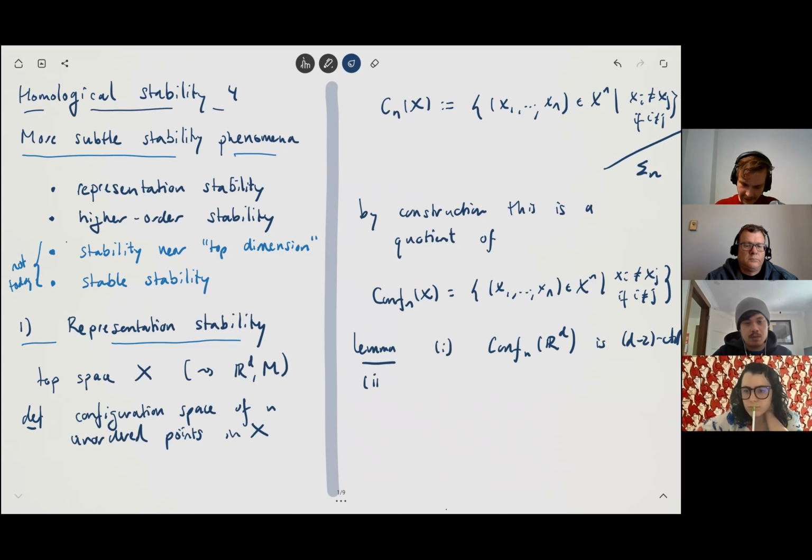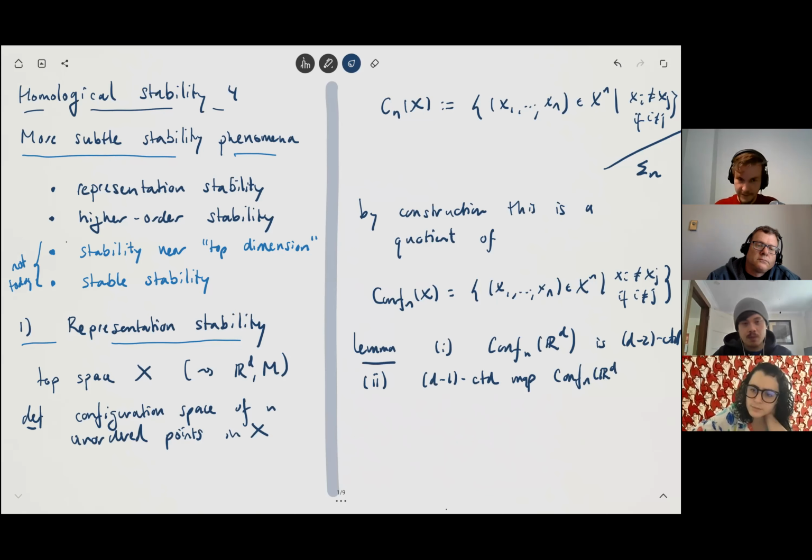And from that, it will follow that there is a d minus 1 connected map from the configuration space of unordered points to the classifying space of the symmetric group on n letters.